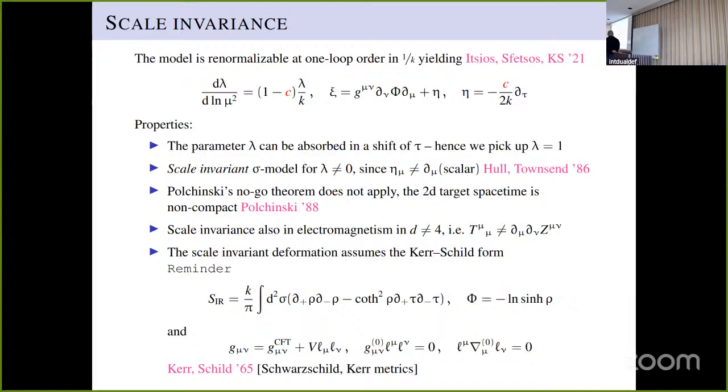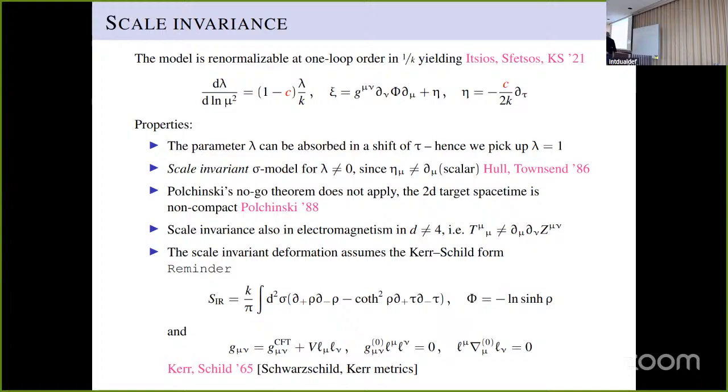We start with this metric, and the deformation takes the form of what's well known as the Kerr-Schild deformation. It's a deformation of a metric by a null and geodesic vector. This was found by Kerr and Schild in '65, 2 years after the famous paper of Kerr in '63, deriving the Kerr black holes.